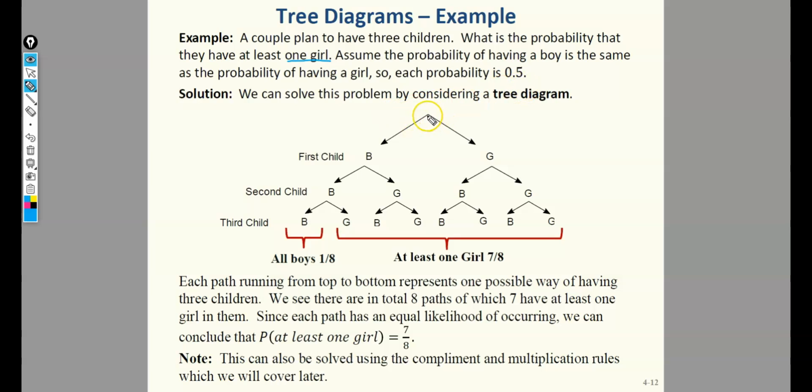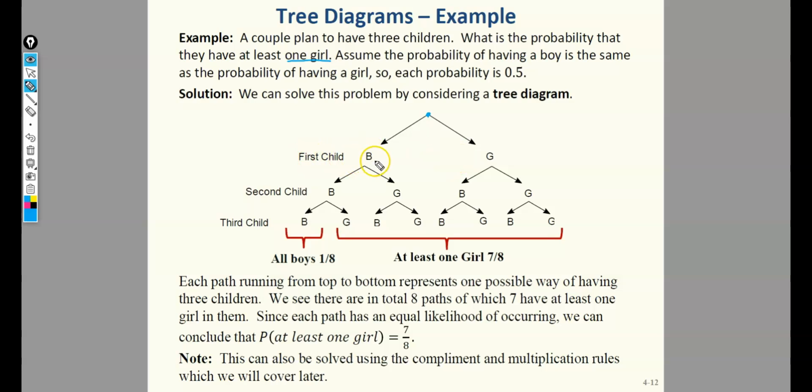So to solve this problem, we're going to draw a tree diagram as we have illustrated right here. We start out, and for their first child, we have 2 branches drawn representing the possible outcomes for the first child. They can have either a boy or a girl, and each probability is the same.